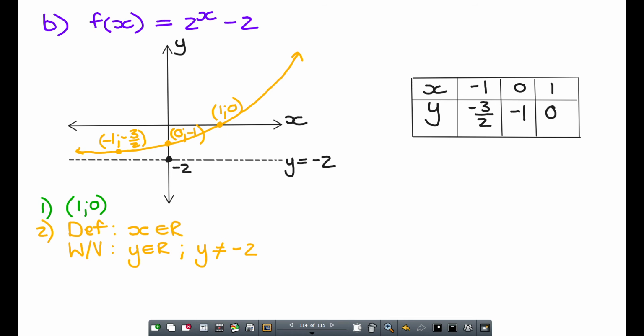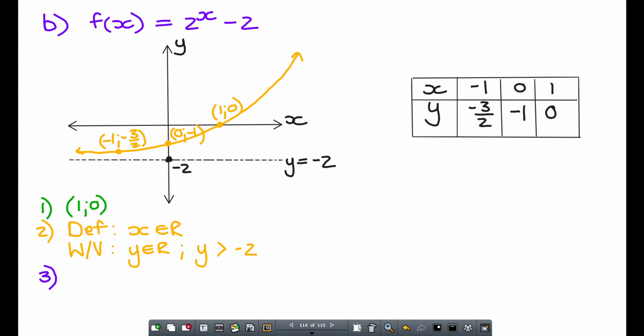Sorry. Minus 2, ja. Y moet wees groter as minus 2. Want as ek nou net daar gesê het, it may not be equal to minus 2, technically, I'm saying it could be y values down here, further down as well, which it's not able to be. Okay. Goed, dan nommer 3.